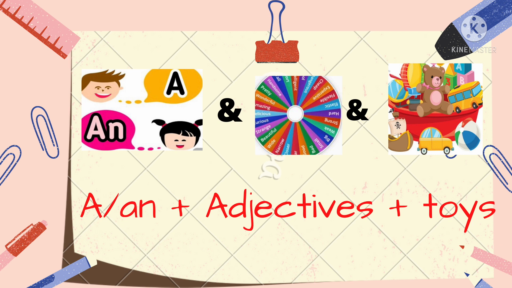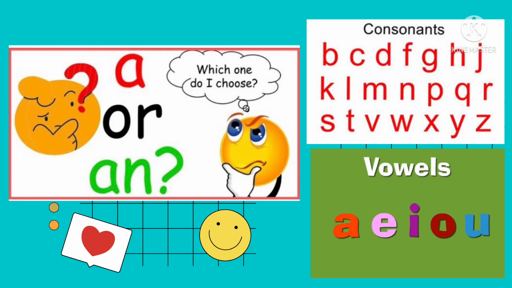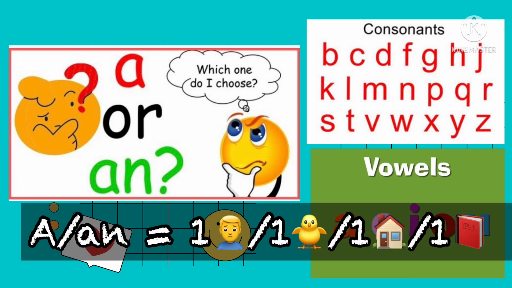Now, let's look at how we use a or an. Alright, a or an. Which one do I choose? Nak guna mana satu ni? Okay, first, awak kena tahu yang kita guna a or an untuk satu ayat yang ada satu benda, satu orang, satu haiwan atau satu tempat.